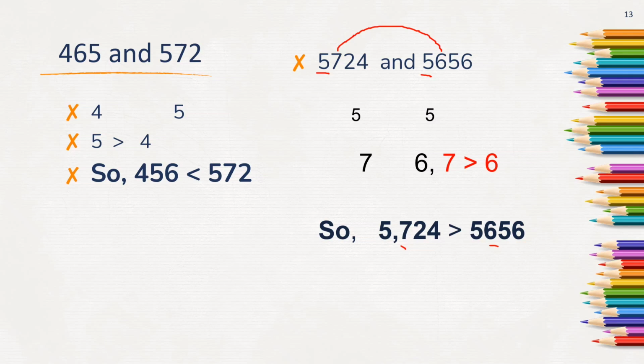This is how we compare when the given numbers have the same number of digits. Here we compared with the second digit. What if the second digit is also the same? Then we'll have to move to the third digits and compare. If the third digit is also the same, then we will move to the fourth digit and so on.